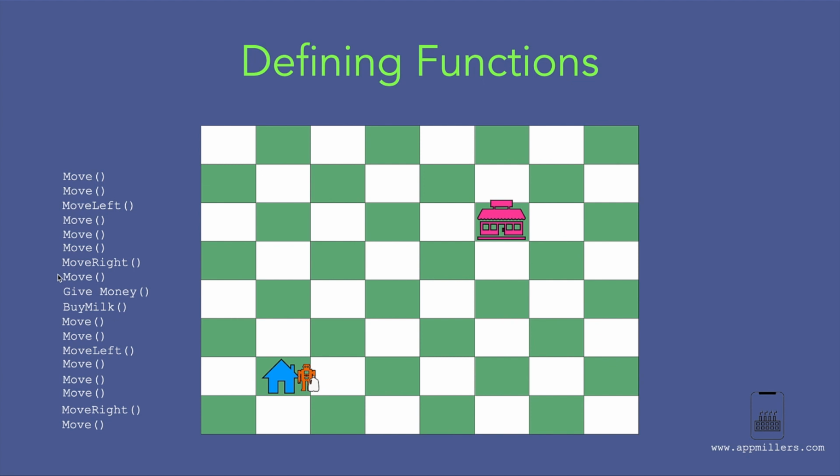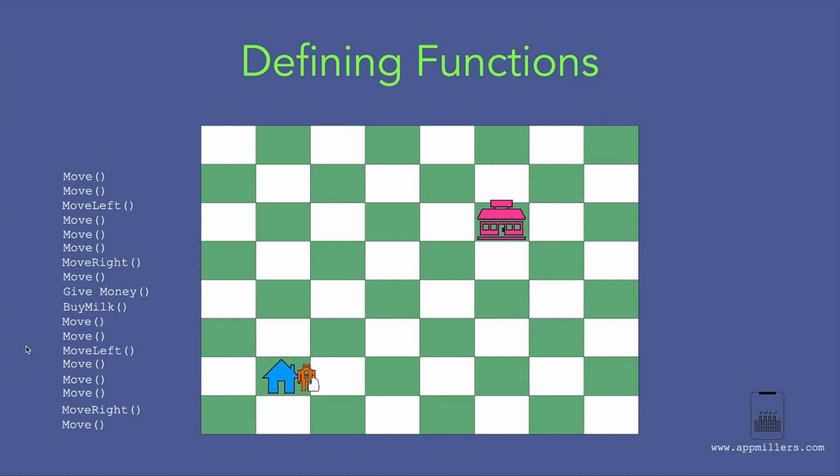So we have to give all these instructions to our robot to get the milk from the store. As you can see, we have to program each and every step. But say this functionality of getting the robot to go and pick up some milk for us is needed every single day, then we have to write all these instructions day after day. At some point we will be bored and our fingers will hurt, and we will stop doing this because we don't have a way of bundling all these instructions together.